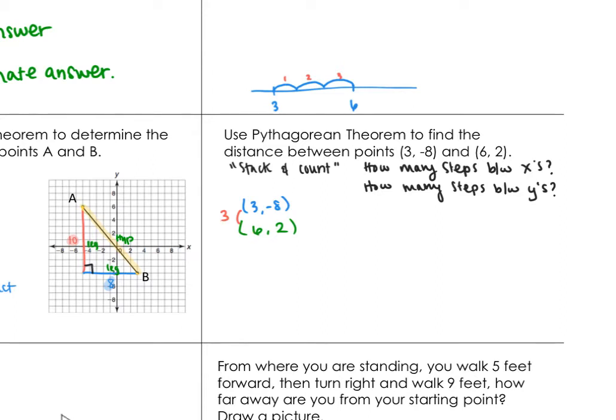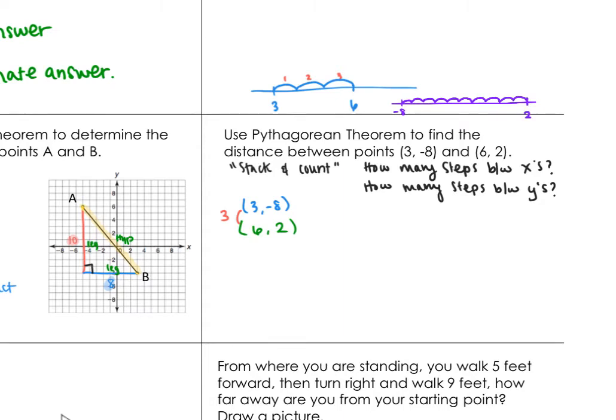Okay, then looking on the other side, the distance between -8 and 2, again, if we were to look at a number line here, if we start at -8 and we're going all the way to 2, it's -8, -7, -6, -5, -4, -3, -2, -1, 0, 1, 2.